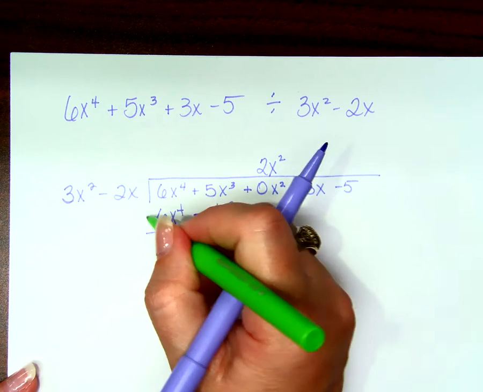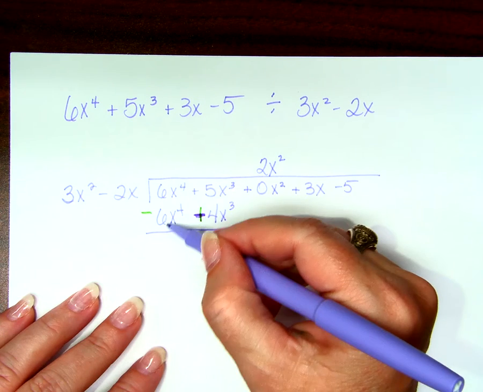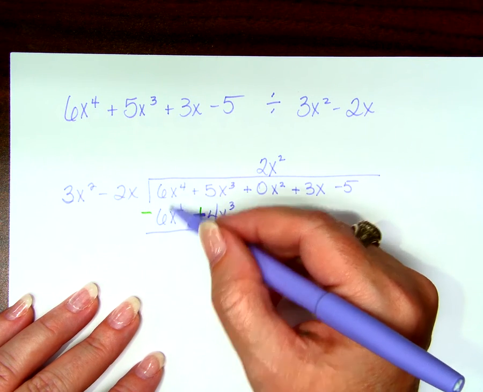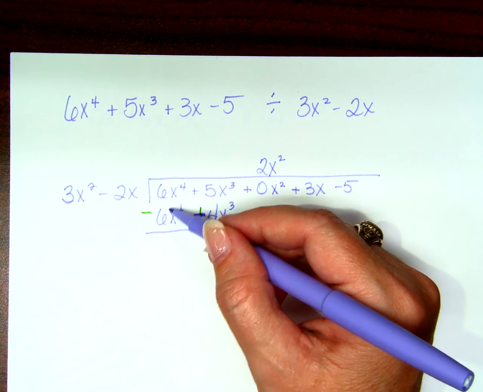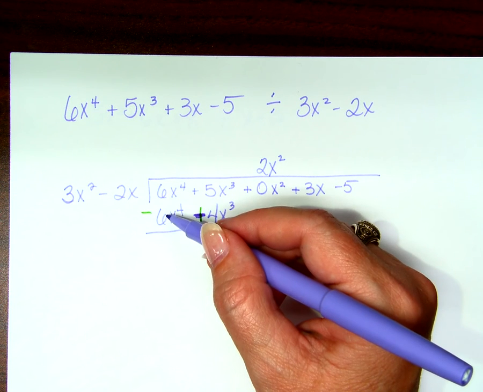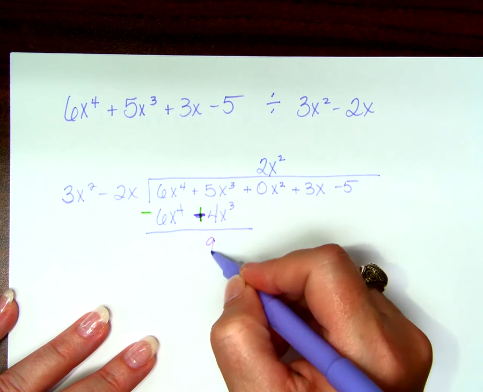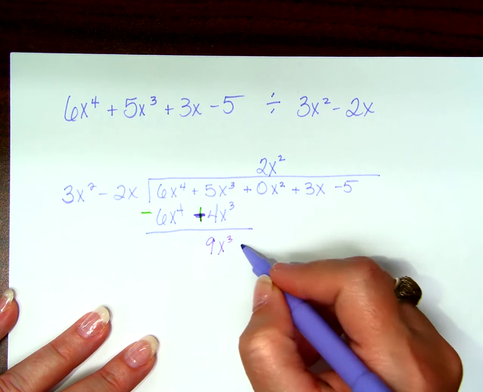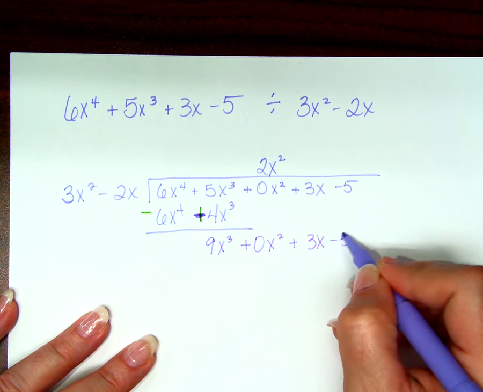Then we change our signs and we add. Well, that's 0. Will this ever not be 0? It's not going to ever be anything else but 0 unless you've divided wrong to begin with. So that's 0, and that is 9x to the 3rd. Then we have 0x squared and 3x and 5.